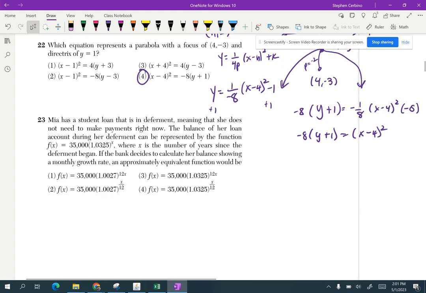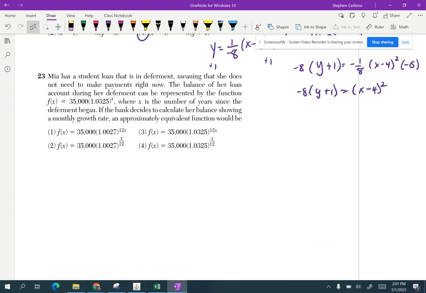Number 23 talks about Mia and her student loan. Right now, her formula for f of x is in terms of the yearly increase of 3.25%, meaning her exponent is in terms of years. I want to make it in terms of months. So if I take this rate, I don't care about the initial value. I want to change this rate to be in terms of the monthly rate. So I want to raise that to the 1/12th power so that the exponent on the outside can be in terms of months.